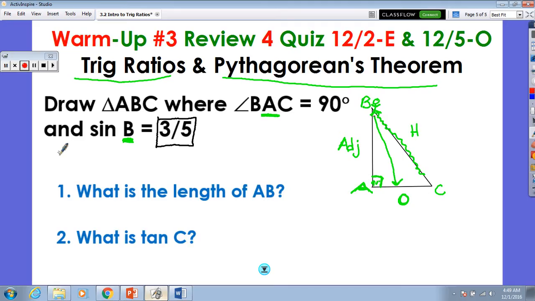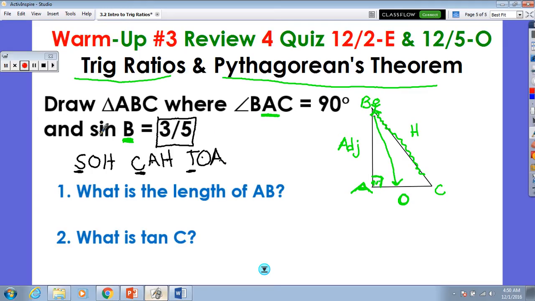Well, if you remember correctly, SOH CAH TOA tells me that the sine has opposite over hypotenuse. The cosine has adjacent over hypotenuse. And the tangent represents opposite over adjacent. Okay?